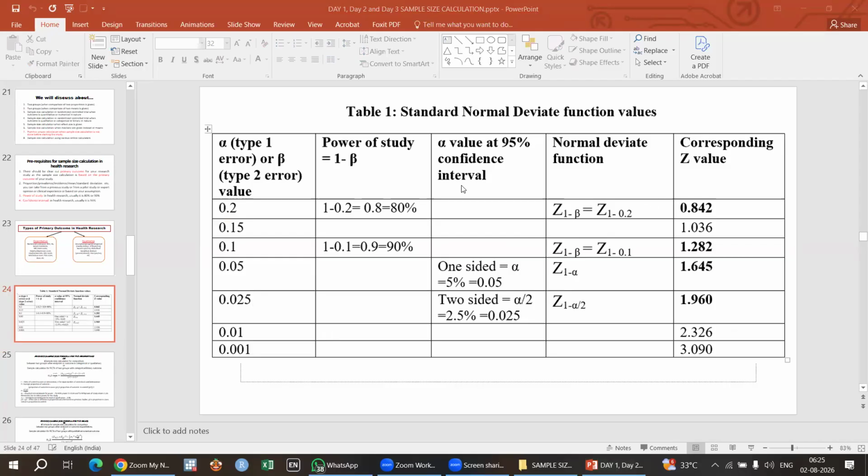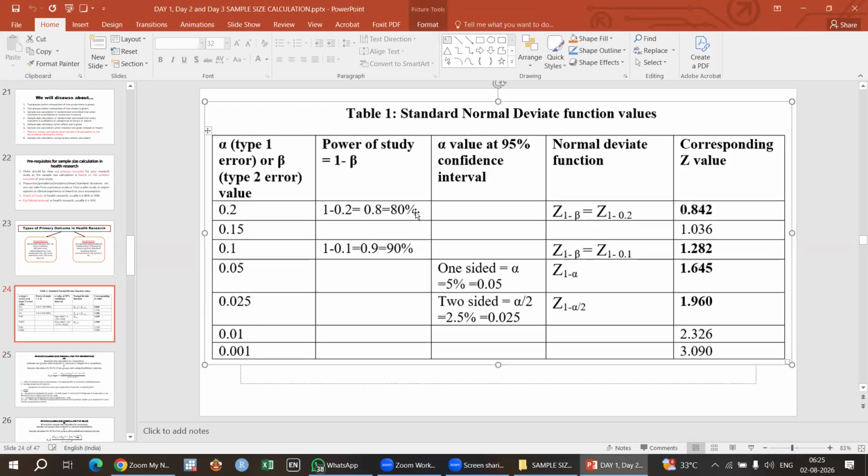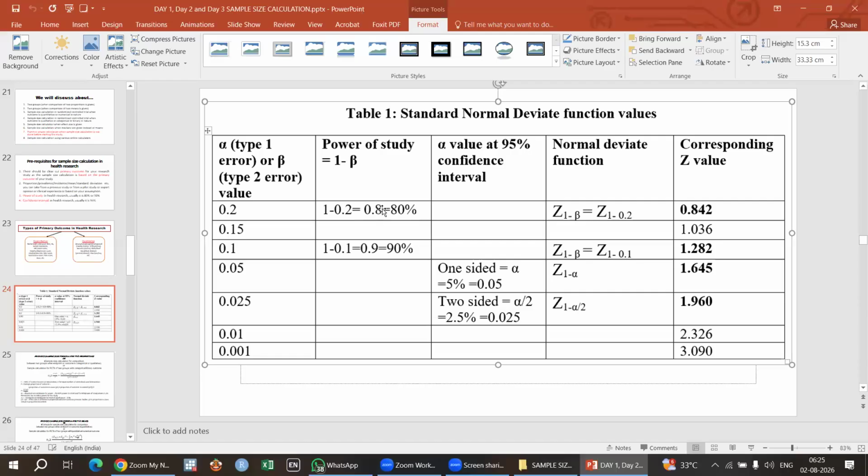Here it's 80% power, and the corresponding Z value is 0.842. How it is calculated is base mathematics, so no need to go into it, just remember these values.